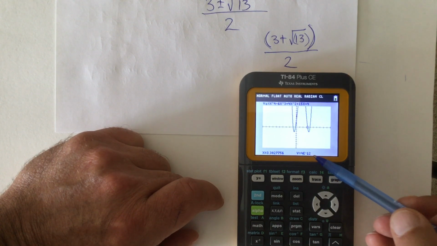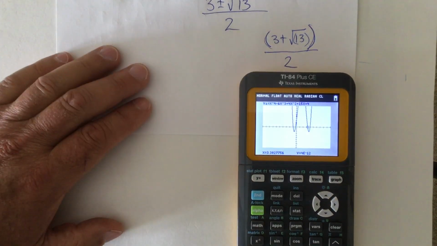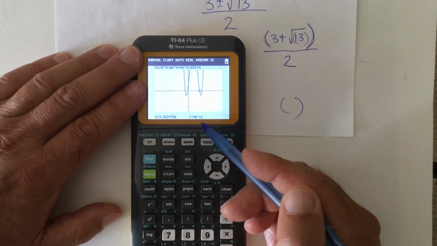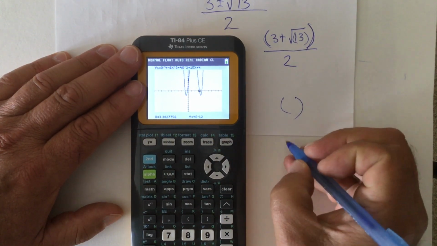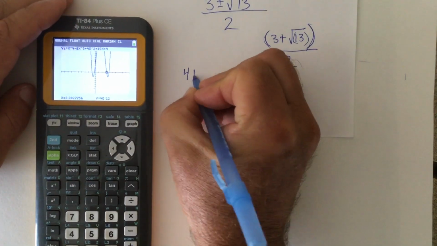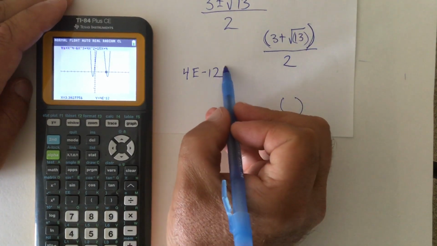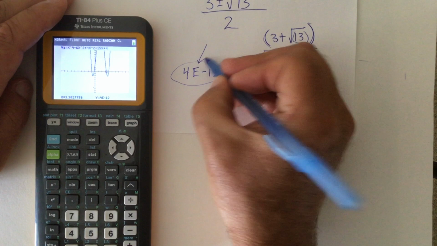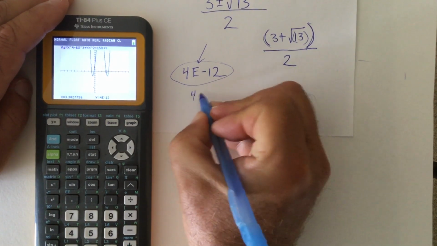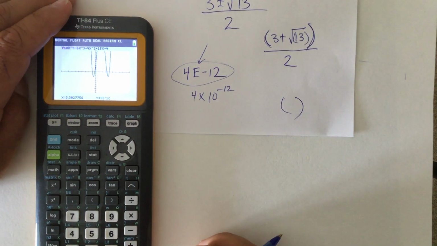Now, here's the one thing about calculators. They do not know how to think. They only know how to do what they know. Whenever your calculator does this, what did it tell me? It says 4e negative 12. Whenever you see your calculator go E, it means 4 times 10 to the negative 12th, which you guys would know as scientific notation.